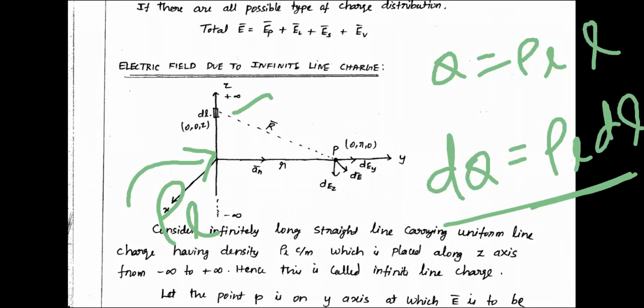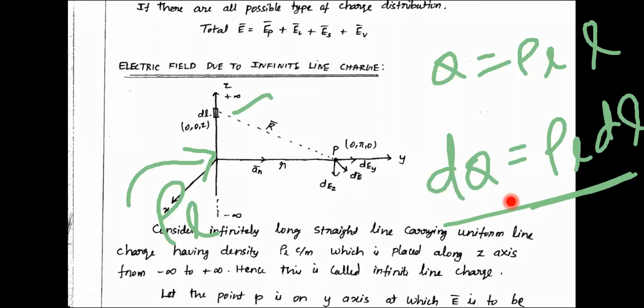Once you have the complete length, you will get the complete charge. Anyway, the complete charge here is infinite. But I am taking a small portion dl. What is the charge available there? Rho L into dl, because the line charge density is rho L and dl is a small elemental length that I am taking.